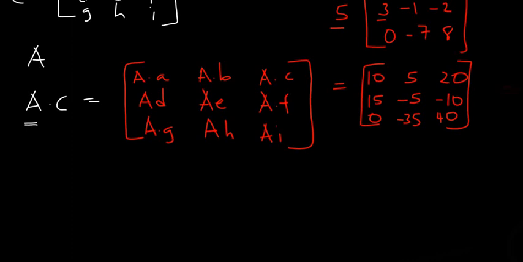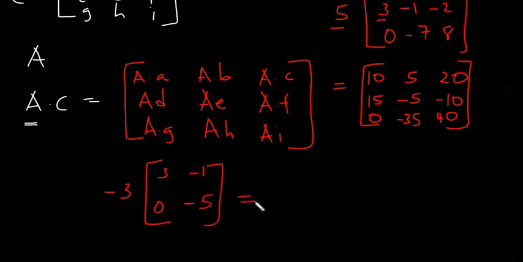For example, if we have a scalar of, let's say our scalar now is -3, and our matrix is 3, -1. Let me this time round use a 2 by 2 matrix, and then 0, -5.